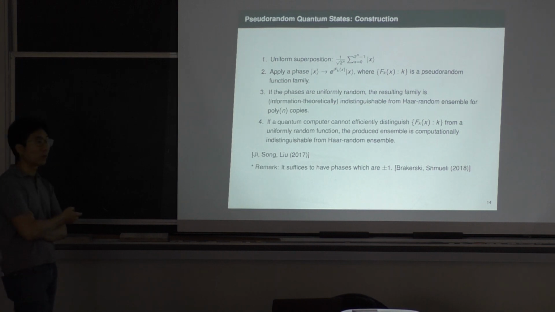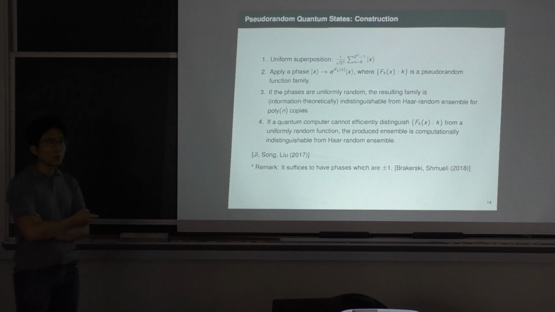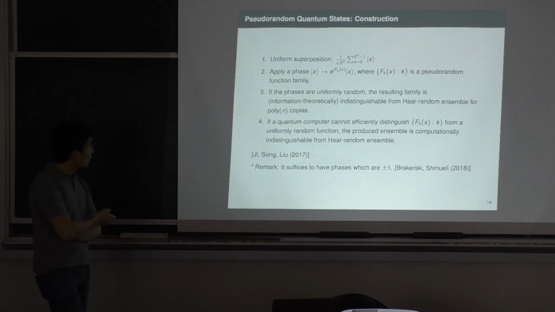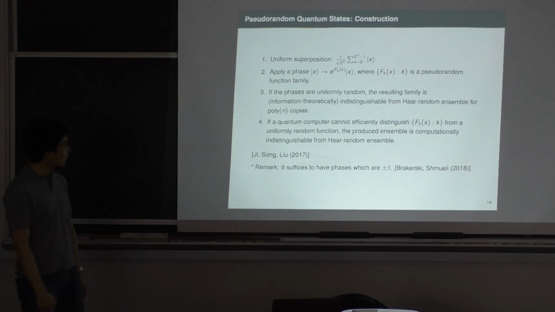Those numbers are not truly random; we just think it's hard to distinguish them from truly random numbers. What you can prove is that if these phases were truly uniformly random, then information-theoretically the resulting family is indistinguishable from a Haar random ensemble, as long as you have only polynomially many copies. Then the argument is the following.